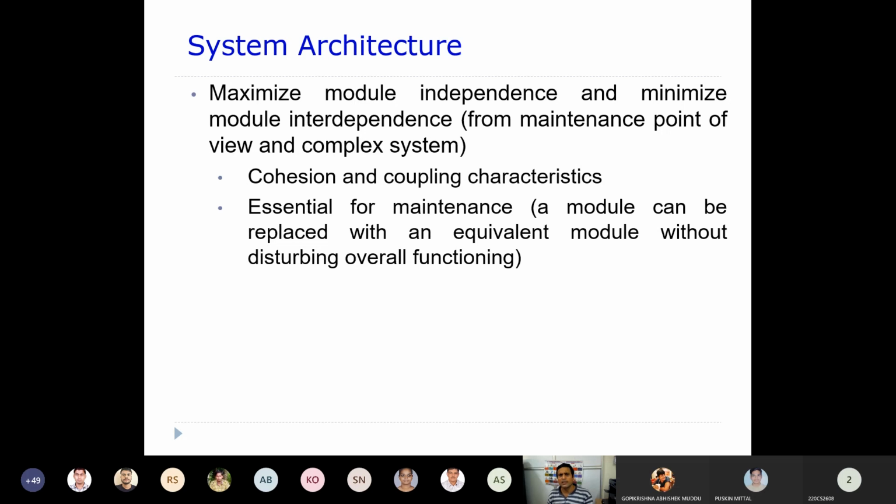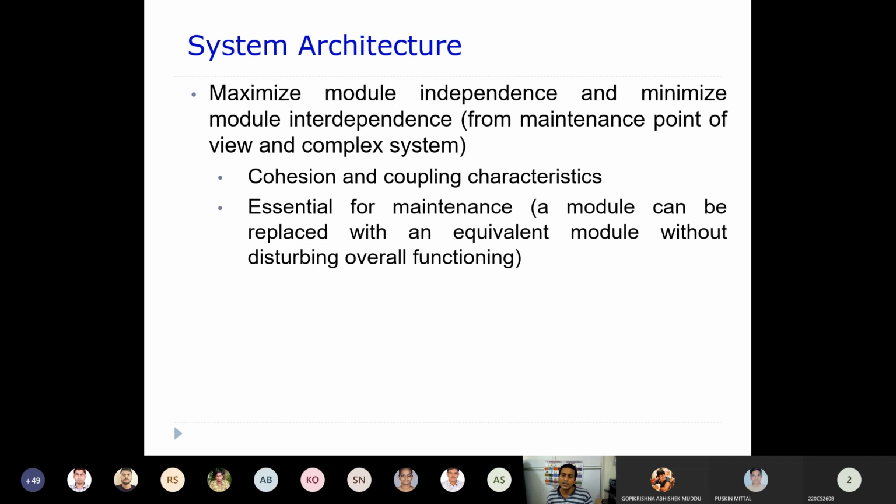Now, part of any system architecture or software architecture, what it tries to do is maximize module independence. That means each and every module should be independent. It should not be dependent on other modules, right? So that is what you try to maximize.